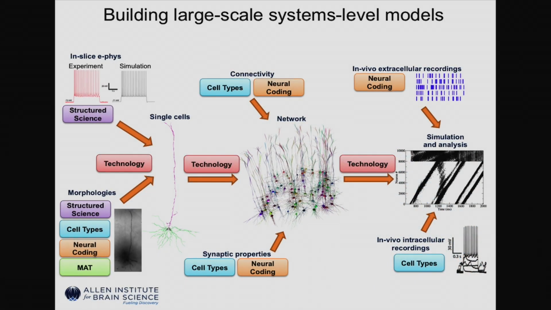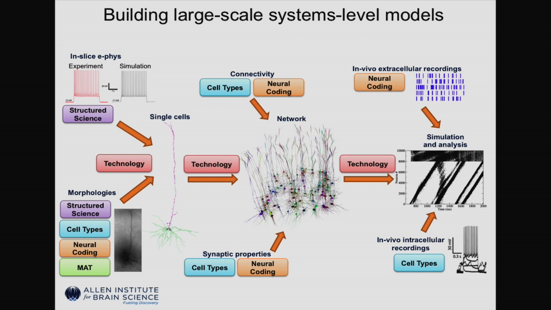This slide illustrates such workflow. We start from components, so, for example, single cells or single synapses, and we combine experimental information obtained in-house. For example, morphology of neurons, like what Stacy told you about, and also electrophysiology, intrinsic properties of the cells.